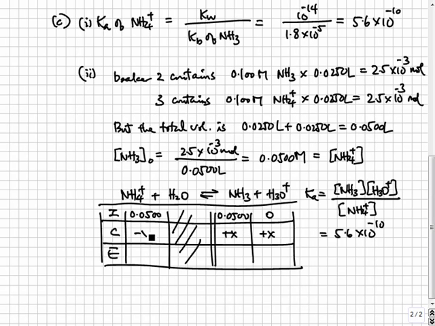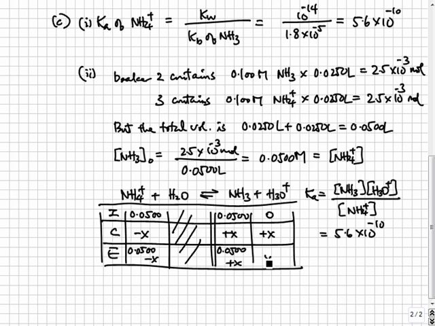So applying the changes to the initial, we get 0.0500 minus x for the NH4+ concentration, and for the NH3 concentration, we get 0.0500 plus x, and for the H3O+, we get x.